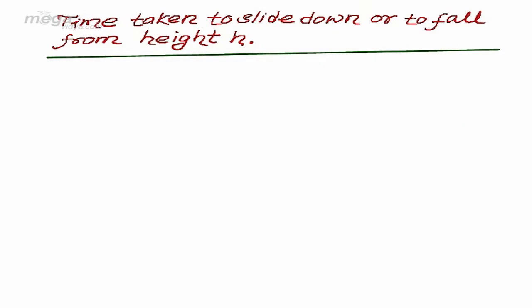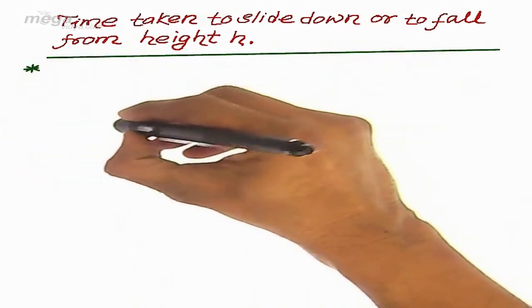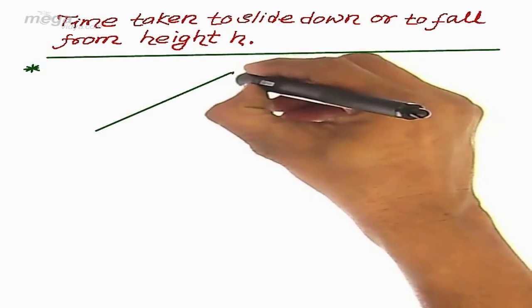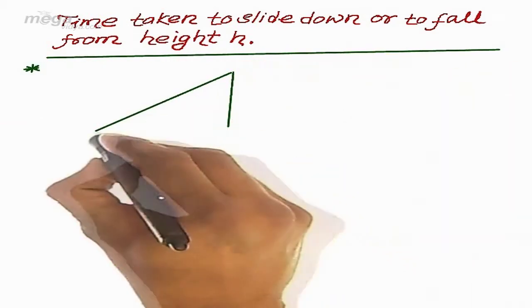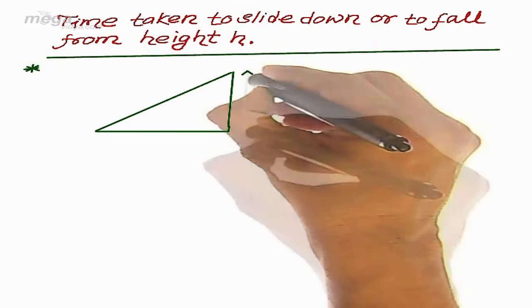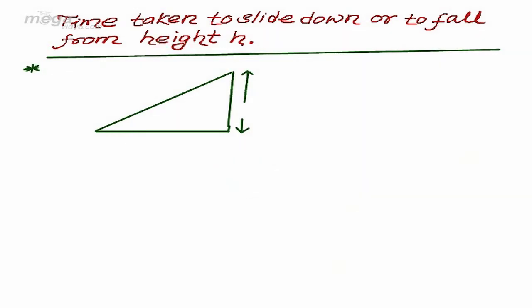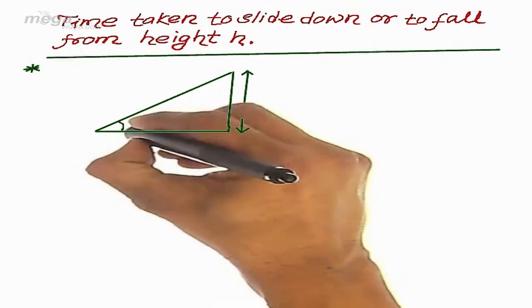In the next case, we are analyzing the time taken to slide down or to fall from height h in the two cases which we have discussed in the case of velocity. Again, I am taking the same setup: in case 1, a particle is sliding down an incline from height h, where the angle of inclination of the inclined plane is alpha.